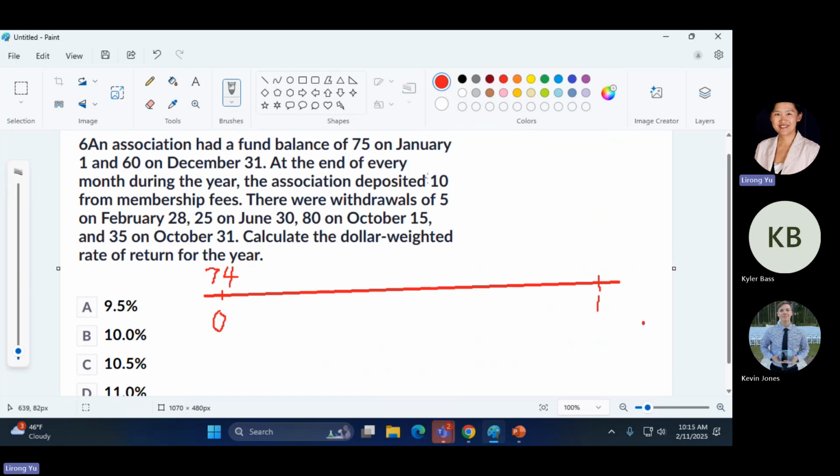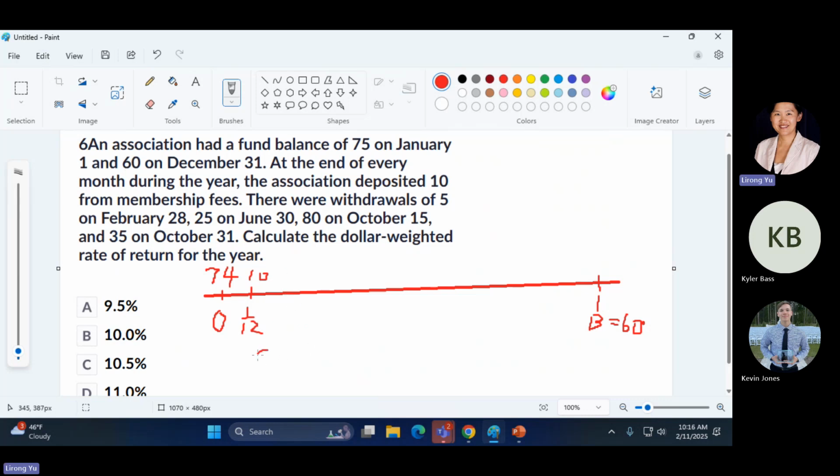Every month during the year, the association audits and for membership fee. That was the balance, which equals 60. All right, so then every month there's a deposit of 10. We withdraw 5 on February 15.